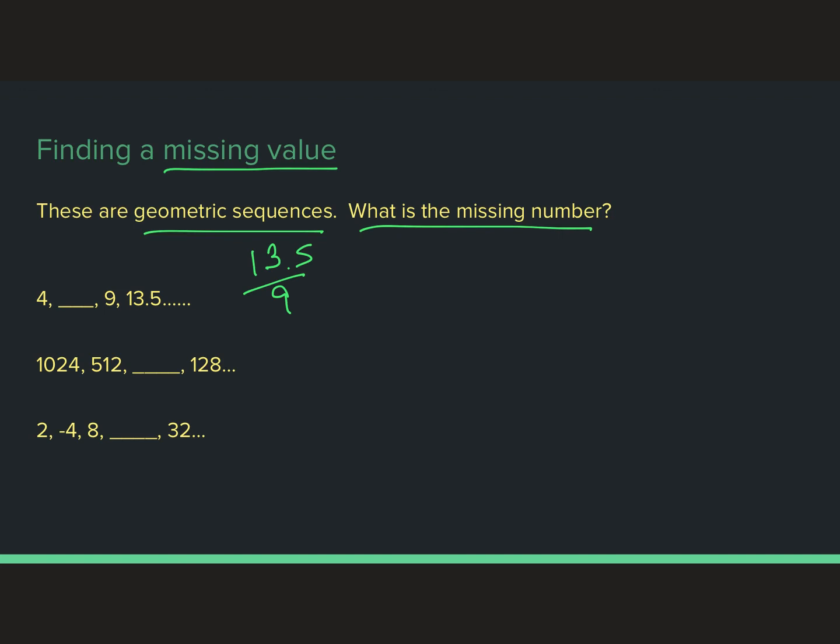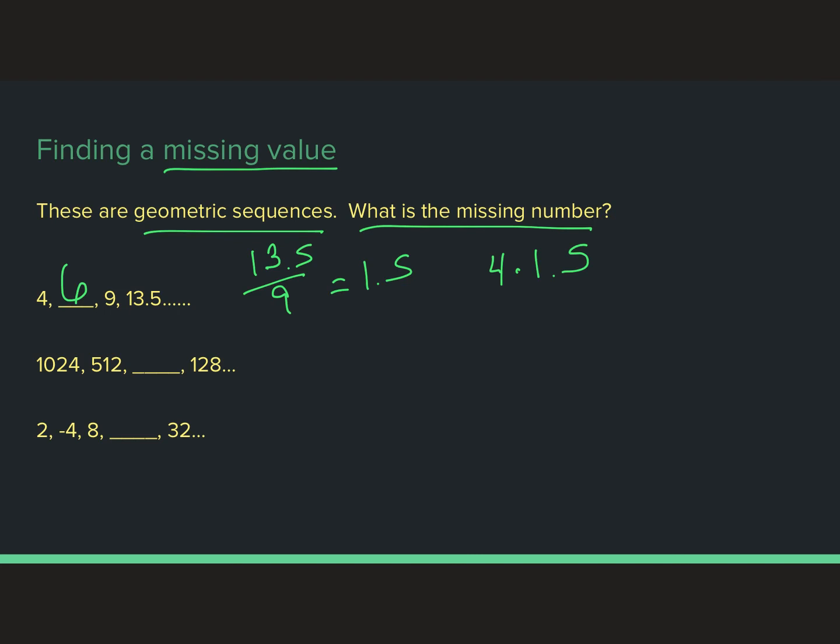If I do that, I will see that 1.5 is my common ratio. So if 1.5 is my common ratio, I'll do 4, the number before it, times 1.5. Put that in your calculator, you'll find the missing number is 6.